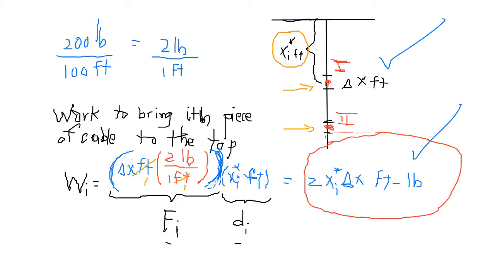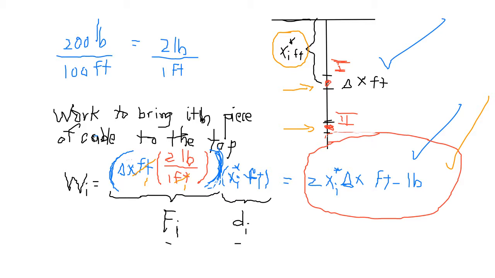Tina, are you comfortable with this expression here, that the work needed to bring the ith piece of cable to the top is 2xi delta x? Are you comfortable with that? Because what we're going to do is we're going to make use of that.